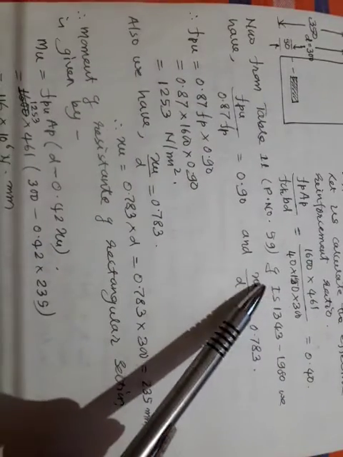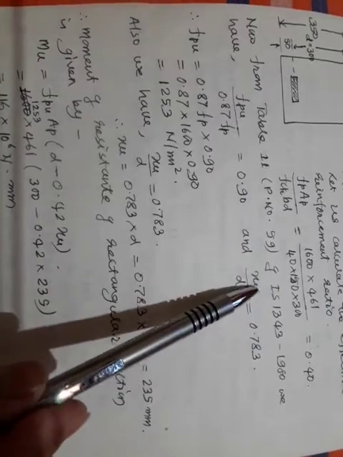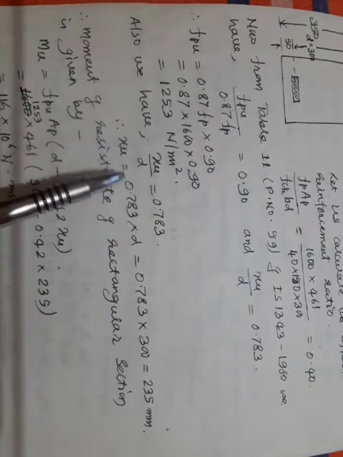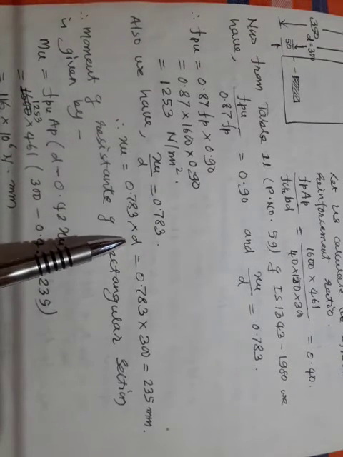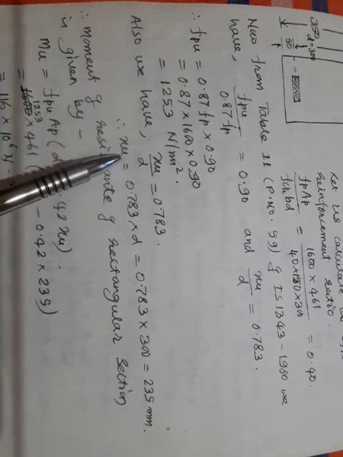Similarly, XU by D I will take now. From here I can calculate the XU value, cross multiply. XU by D is equal to 0.783, so XU can be written as 0.783 D. You know the effective depth. So XU value becomes 235. So I came to know the value of XU and the value of FPU.